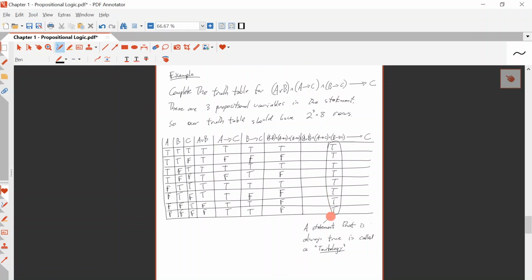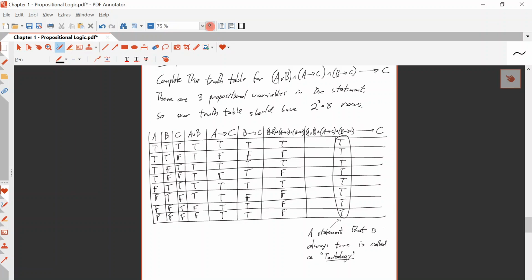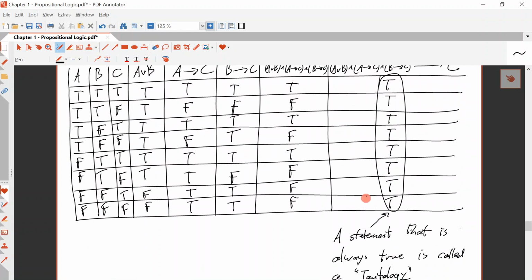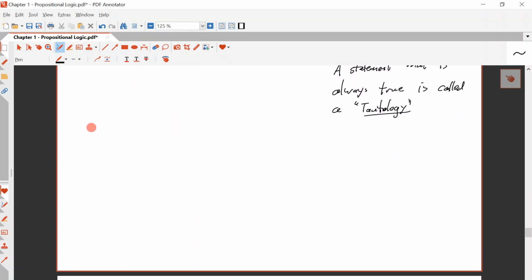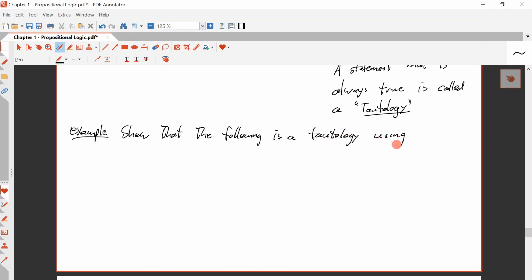Alright, so here's another tautology, and we'll see that it's a tautology by making its truth table. Show that the following is a tautology using a truth table.